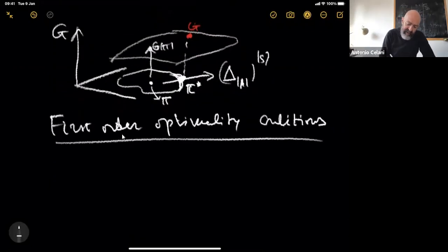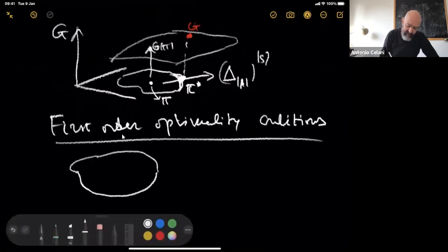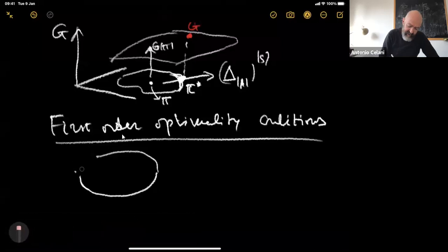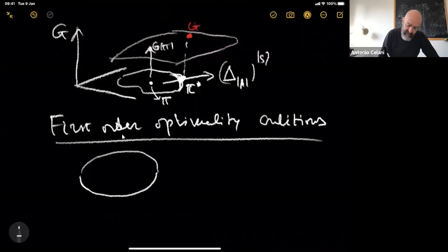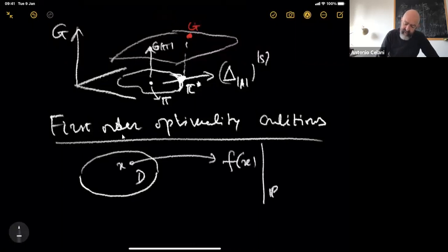Again, let's consider that you have this convex, not so convex, set, which we call D. There is a function from X to f of X on the real axis. Think about a function on the ball.